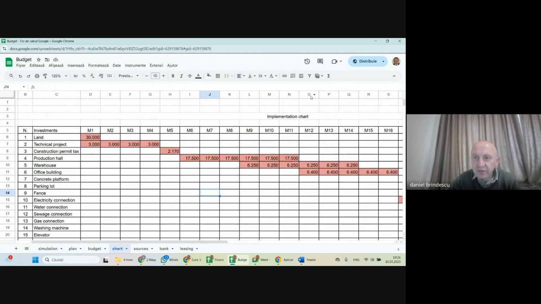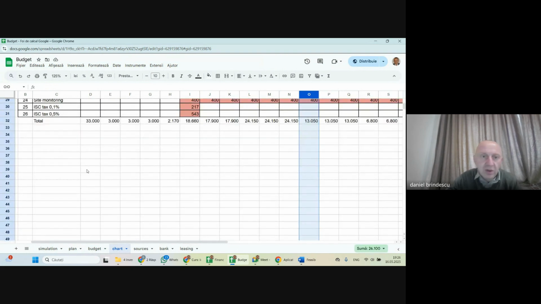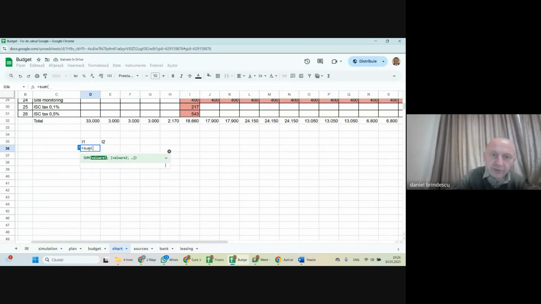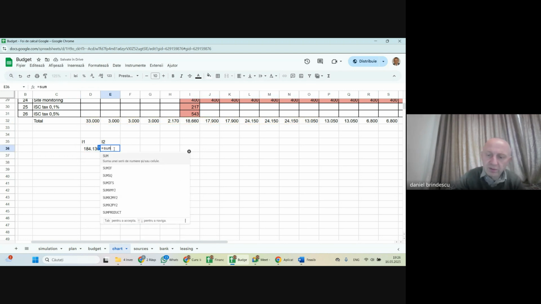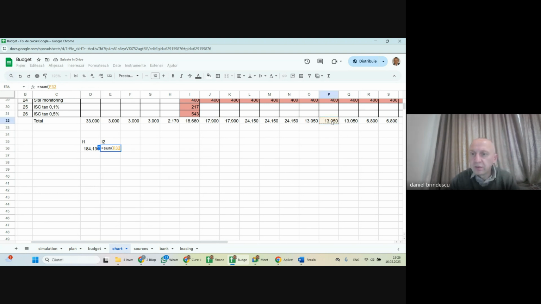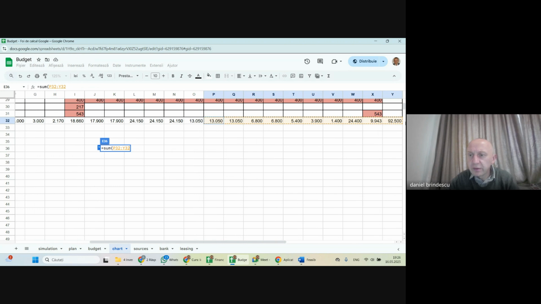The first year ends here on column O. So I will say year 1, year 2. The value of the investments for the first year would be this, the cumulative value. Second year, the rest up until here.